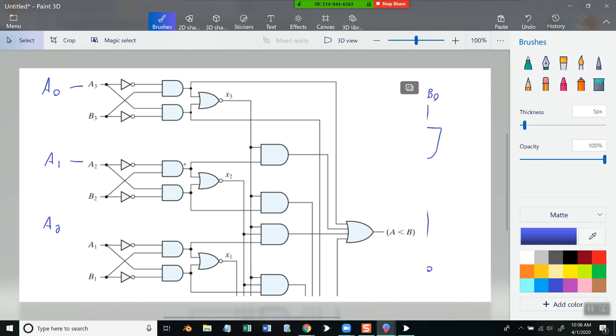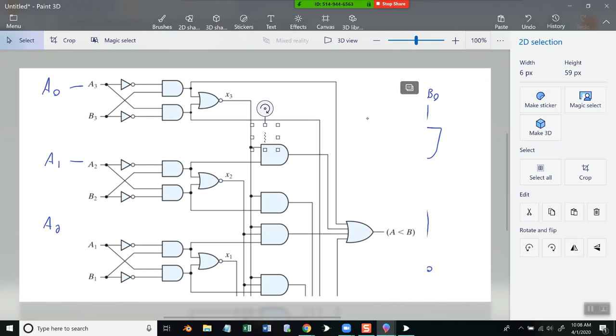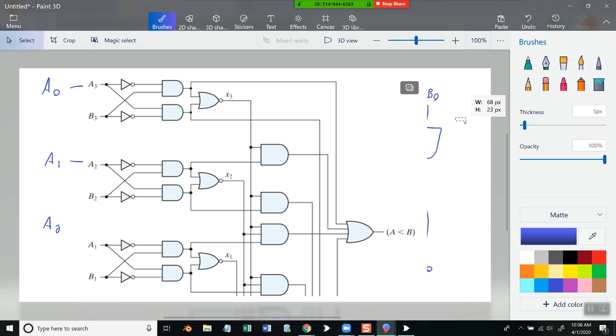This one right here is coming in from here. This coming down here is X3.